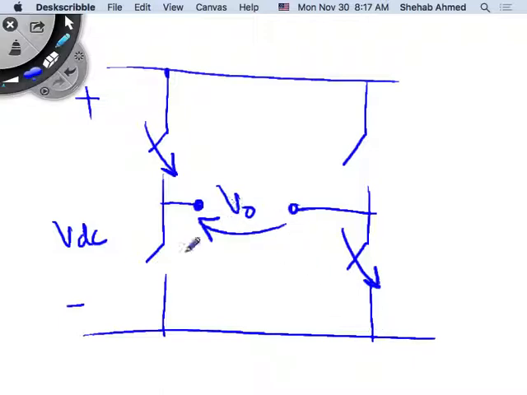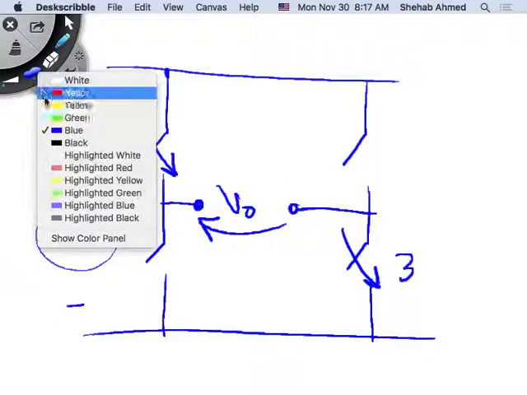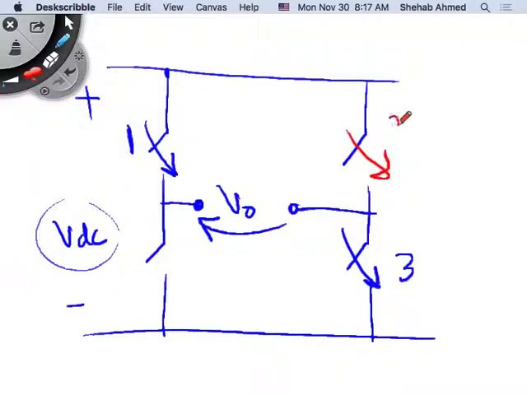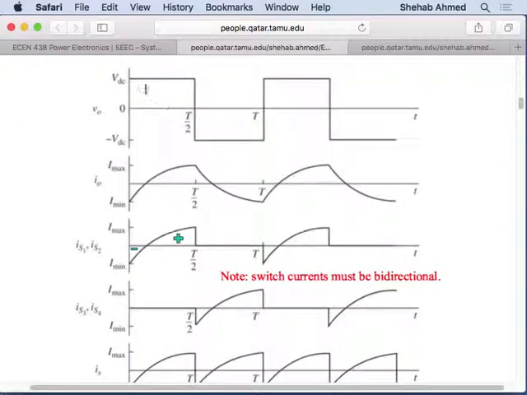So the output voltage is equal to VDC. So when switch 1 and, I think they call this, 3 are connected, the output voltage is VDC. And when switch 2 and 4 are connected, I think that's what they call them, we will have output of minus VDC, because we flip the terminals of the load. We just flip the load across the input. Here we have 1 and 2 connected. Here we have 1 and 3 connected, and then here we have 2 and 4 connected.